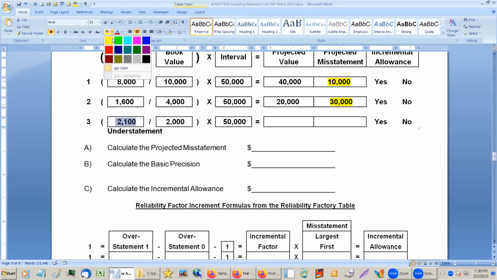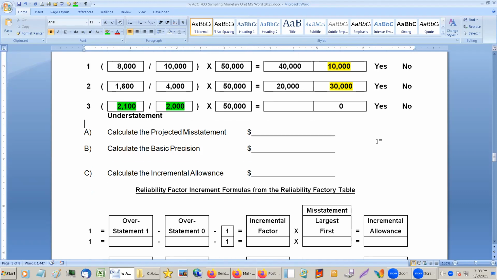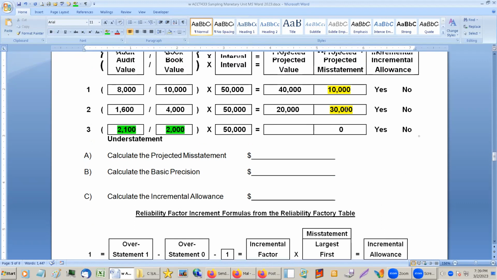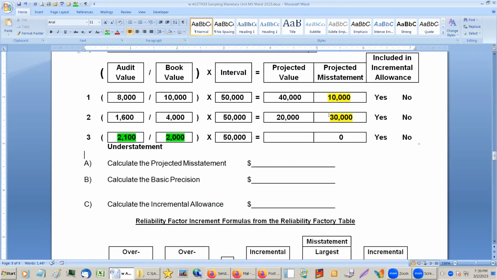This is more than that. Okay, we'll ignore the incremental allowance for now. But we will not ignore our projected misstatement, which is 10,000 plus 30,000. So what is that, 40?